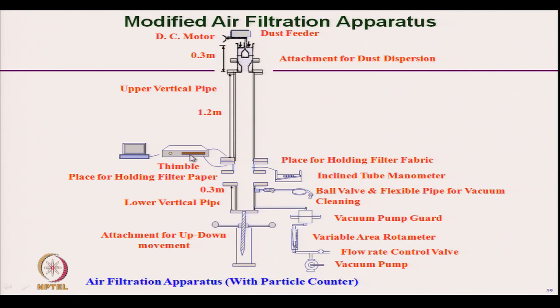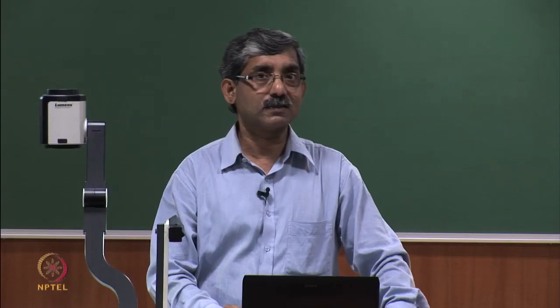Here you have a particle counter at the upstream side and another at the downstream side, and the filtration efficiency data is calculated. So, automatically with time we can calculate the filtration efficiency. Other mechanisms are exactly the same as already discussed.